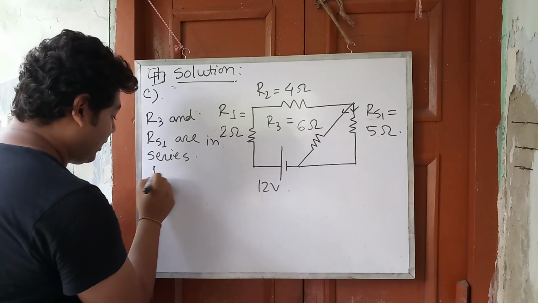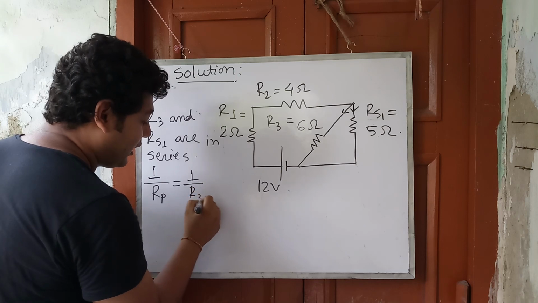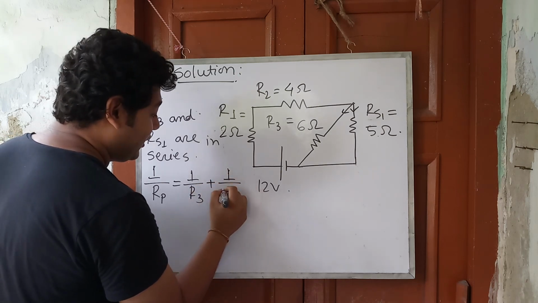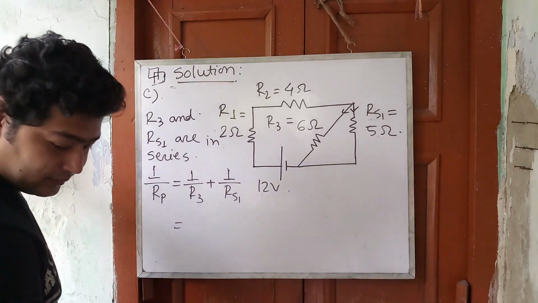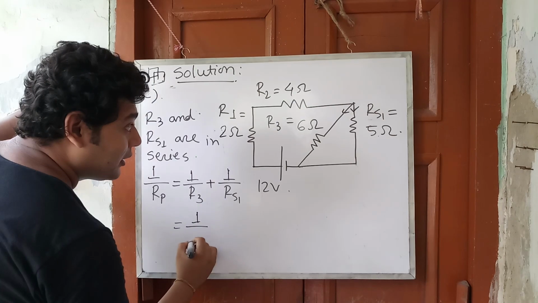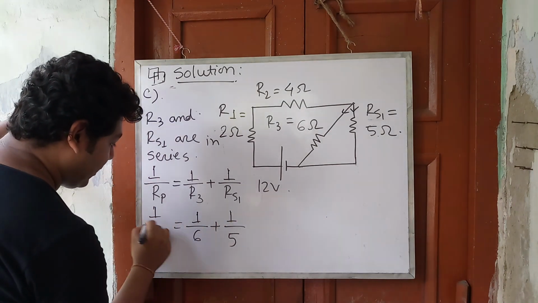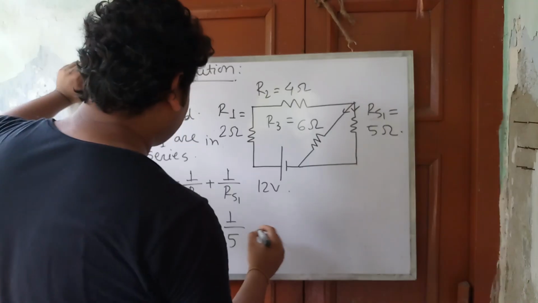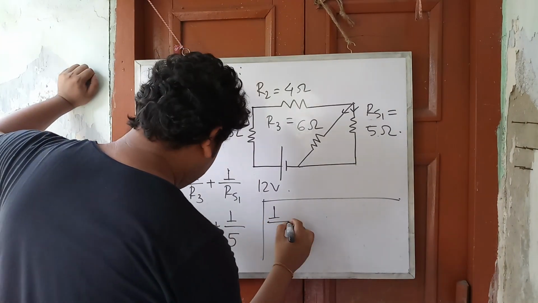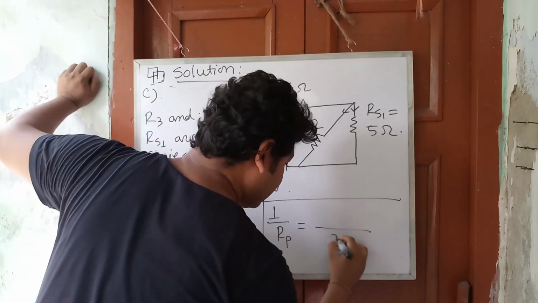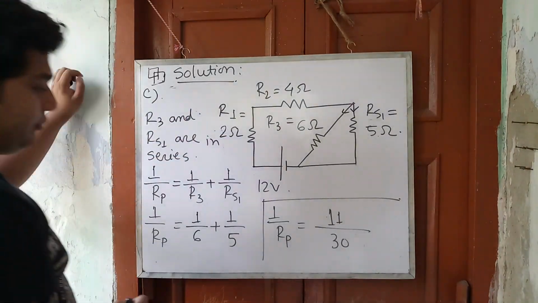So we can write 1 by Rp equal to 1 by R3 plus 1 by Rs1. So we can write 1 by 6 plus 1 by 5, 1 by Rp. So we can write 1 by Rp equal to 11 by 30.